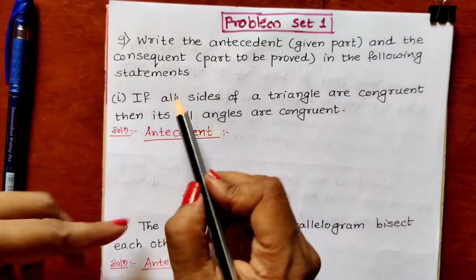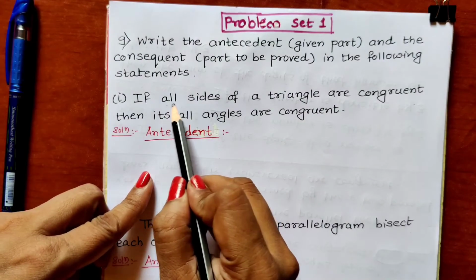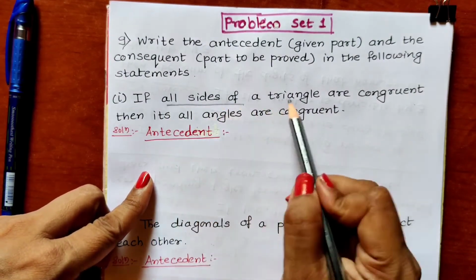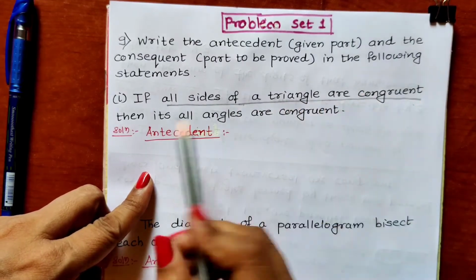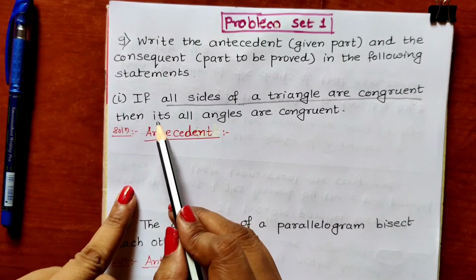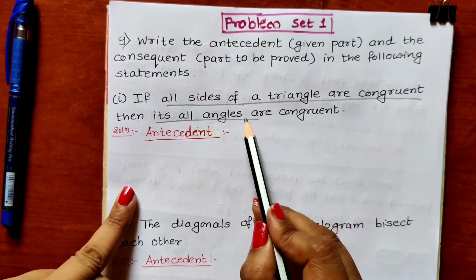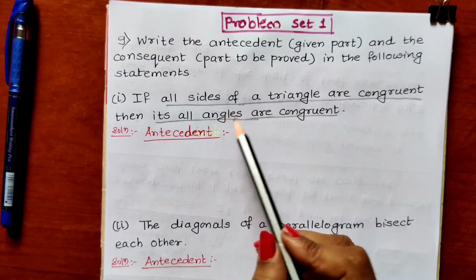We all know after if, the statement is antecedent. The statement which follows if is antecedent. So all sides of triangle are congruent will become our antecedent. And the statement which follows then is known as consequent. So all angles are congruent is the consequent.